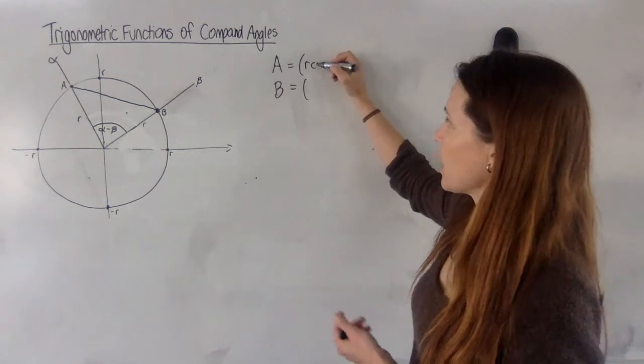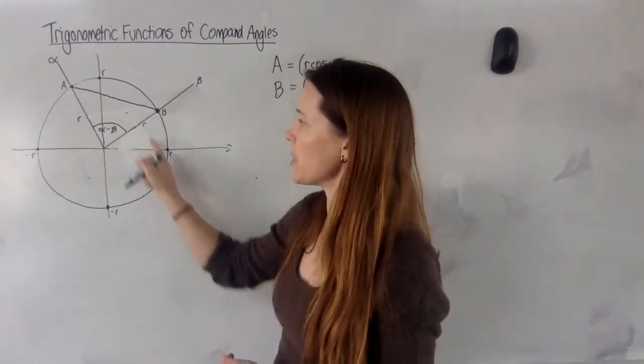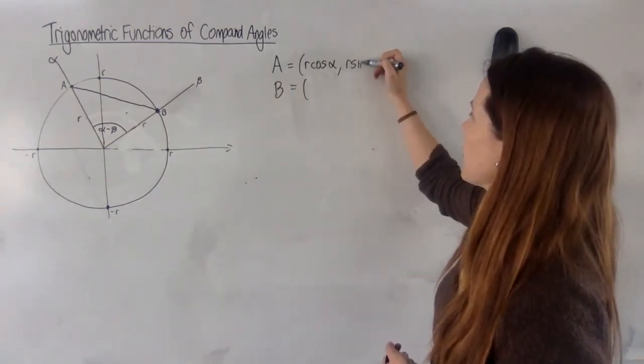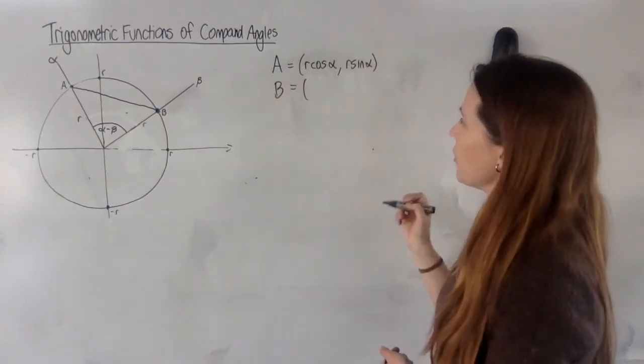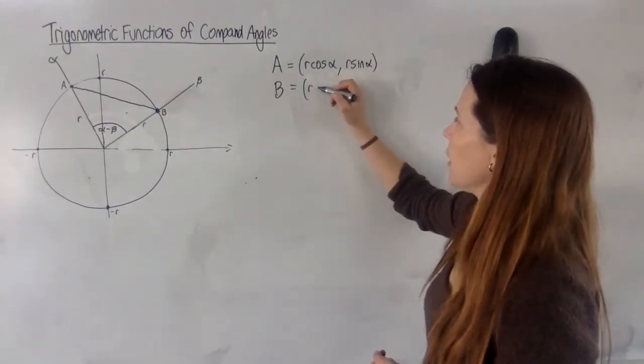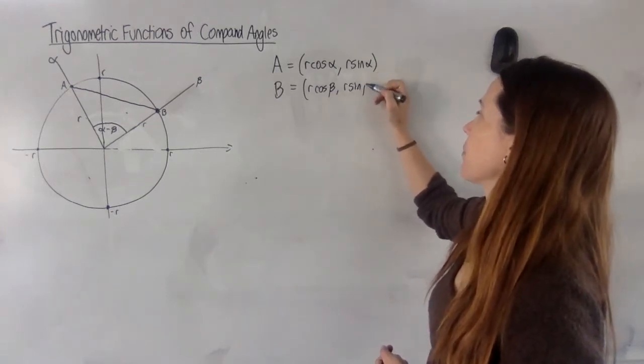So it's not r cos theta, it's r cos alpha, and we have r sine alpha as its y value. Similarly, B is the point r cos beta, r sine beta.